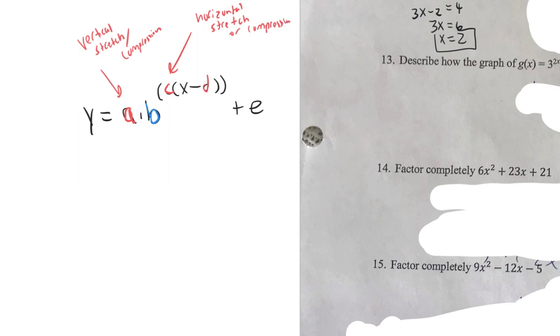The d represents a horizontal shift to the left or right, and the e represents a vertical shift, vertical shift up or down. This is left or right.